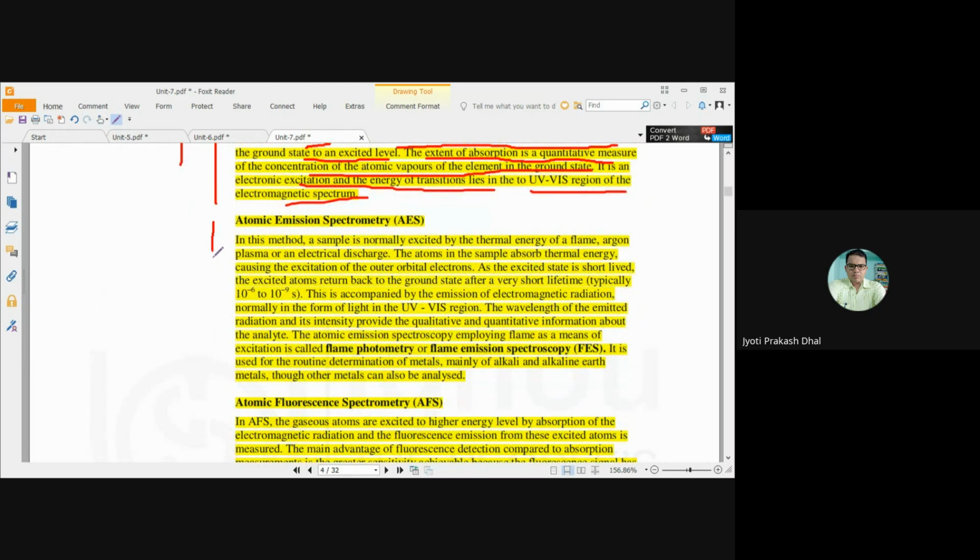Now coming to atomic emission spectrometry. In this method, a sample is normally excited by thermal energy of a flame, argon plasma, or an electric discharge.